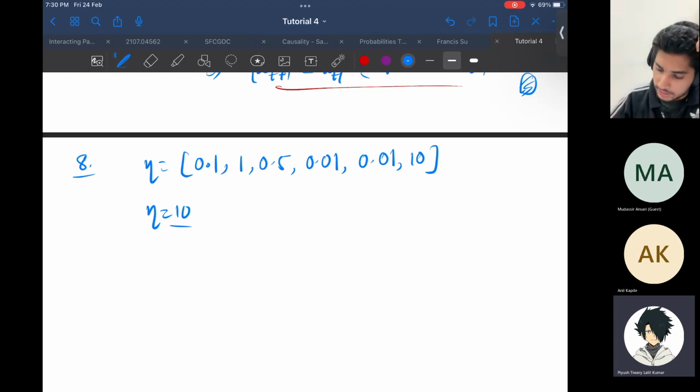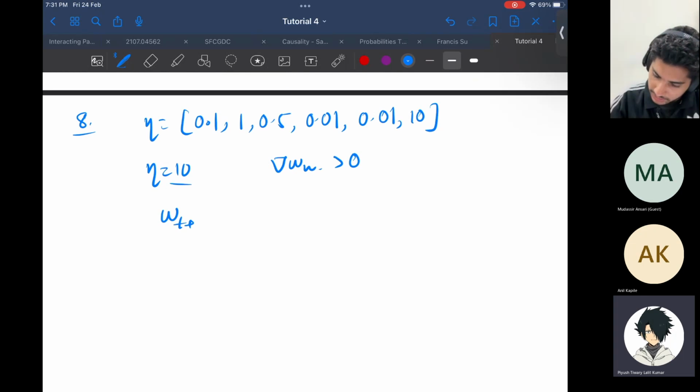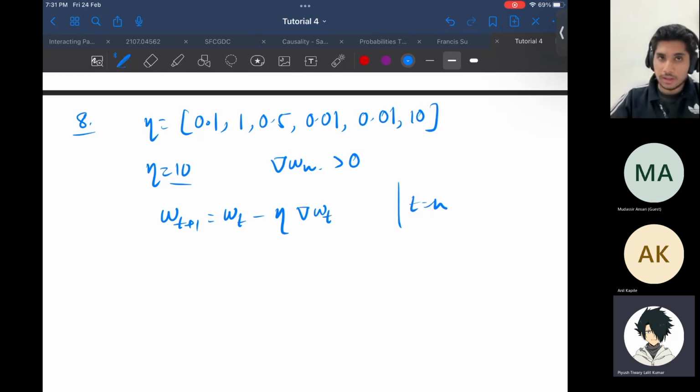What can we infer about the gradient of w? We are given that this is positive. So what it is saying is that wt plus 1 is equal to wt minus eta times gradient with respect to wt, or wn maybe, so t is equal to n here.